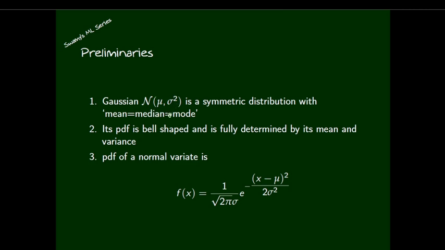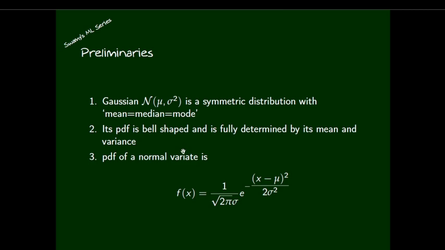In order to derive the PDF of this distribution, we need only the mean and standard deviation, and it is a symmetric distribution with mean equal to median equal to mode. That is one of the most important and nice properties of the normal distribution. All three measures of central tendency are equal, and it is also bell shaped. The probability density function is bell shaped and is fully determined by its mean and variance.